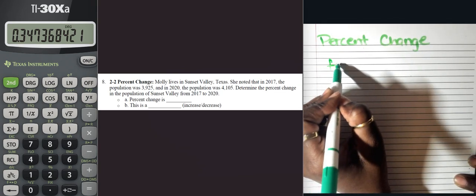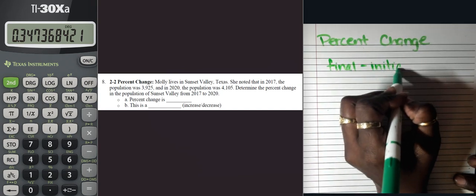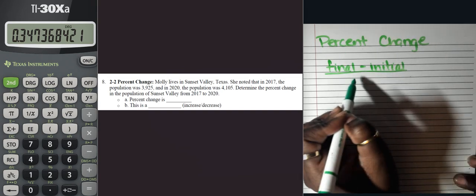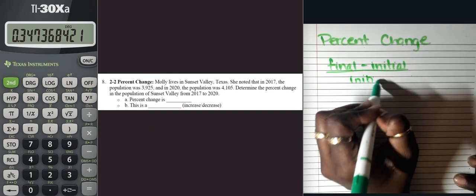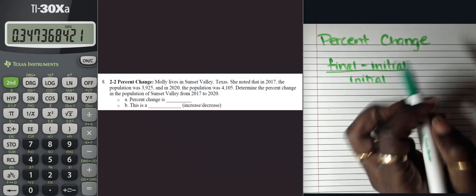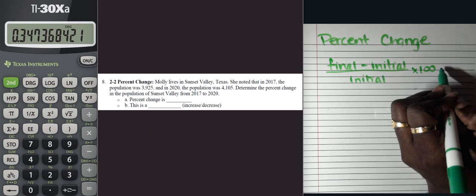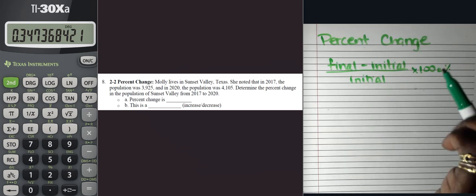I'm going to take my final minus the initial, and then we're going to divide that by the initial. They say in their formula, multiply by 100, but we know that. So multiply by 100, and that is going to give me the percent of change.